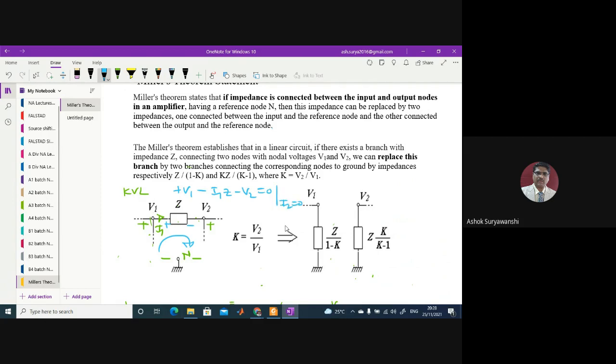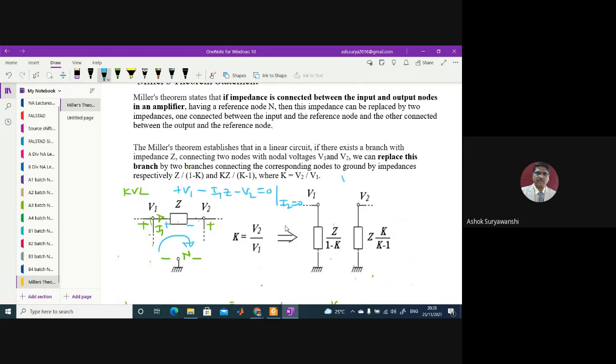Here we consider that I2 is 0, so if this is I2 and it is considered to be 0 right now, then only this is possible.